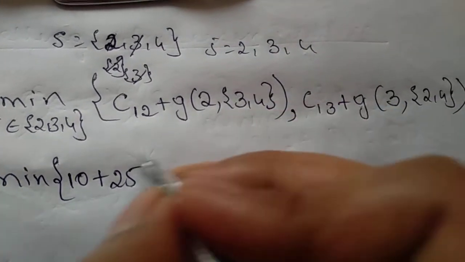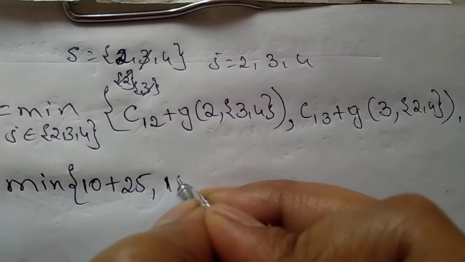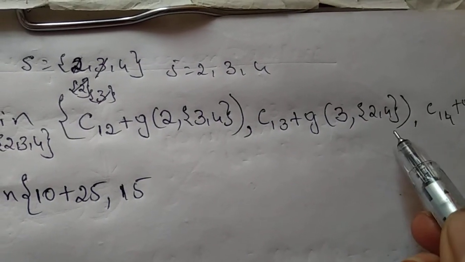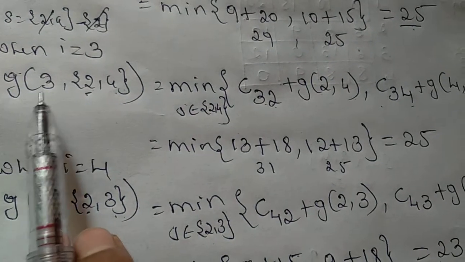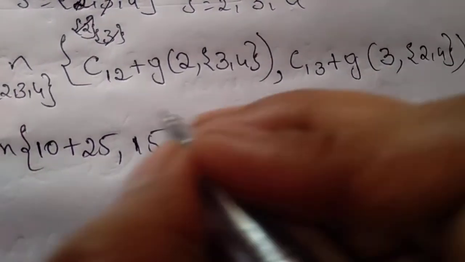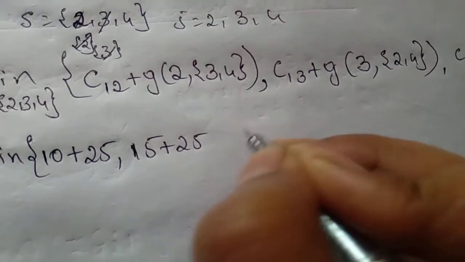C 1, 3. From the adjacency matrix, it is 15. Then G of 3, 2, 4. What is the minimum value? Again it is 25. So plus 25.